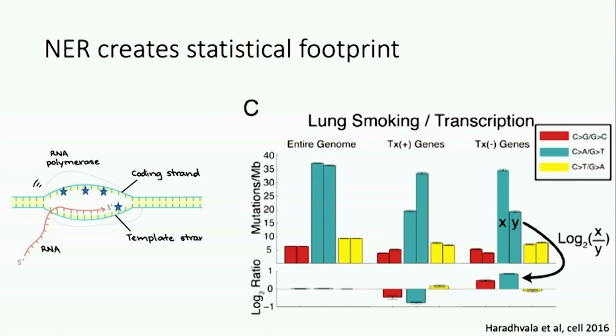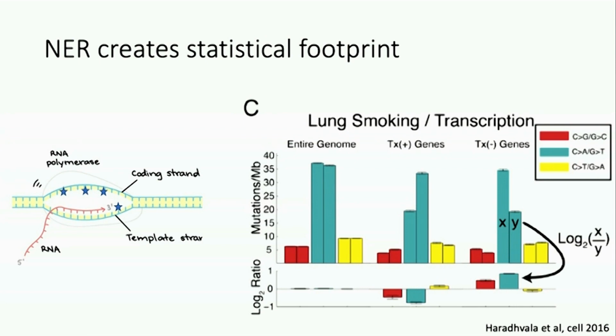And what happens in real data when there is a lesion that can be repaired by this system, for example, a lesion introduced by tobacco smoking? The rate of mutations caused by tobacco smoking is very different on the transcribed and non-transcribed strand of the gene.